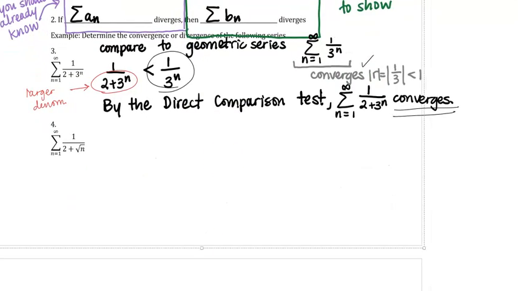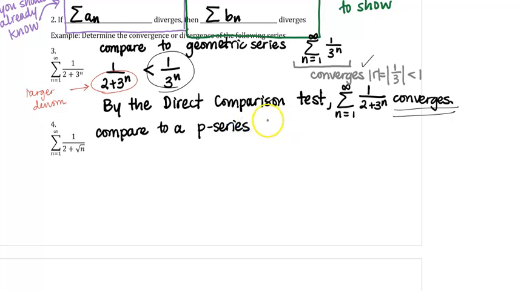This looks very similar to a p-series. Remember, p-series look like the sum of 1/n^p. In this case, I'm going to choose p to be 1/2, because that's the same thing as having the sum of 1 over the square root of n.